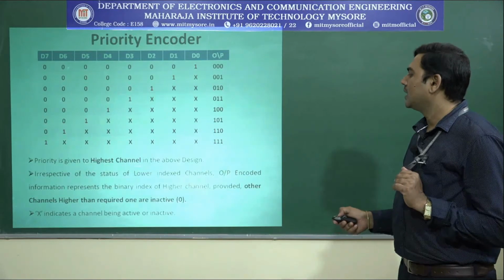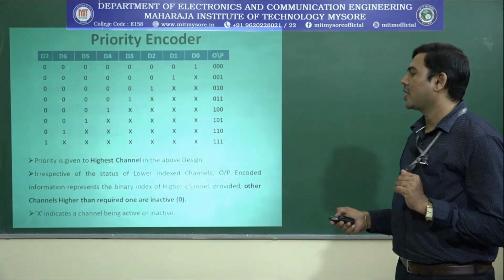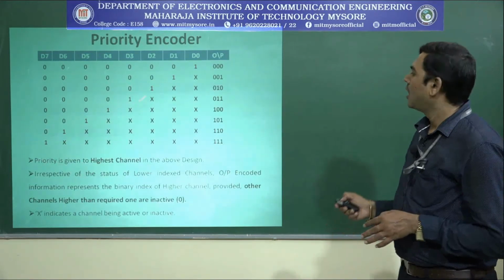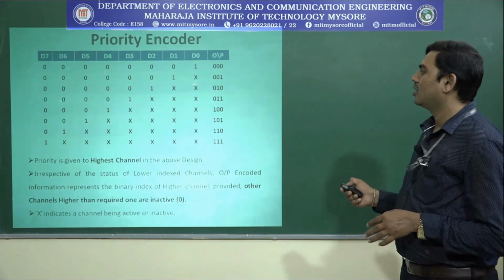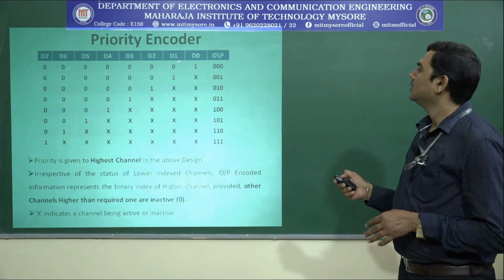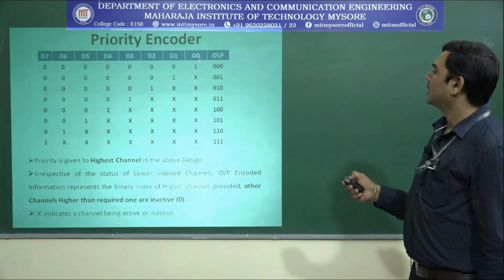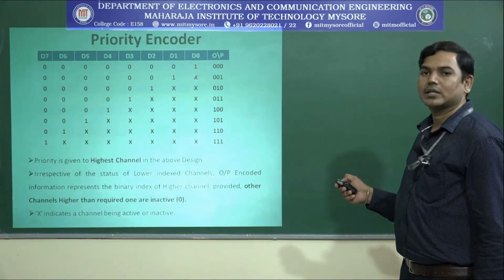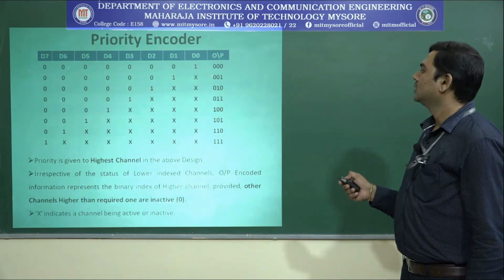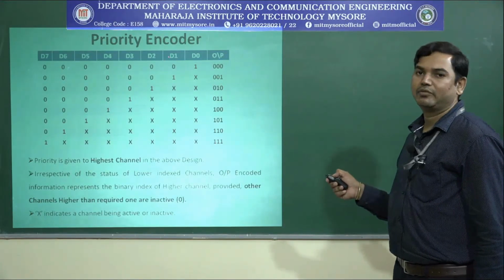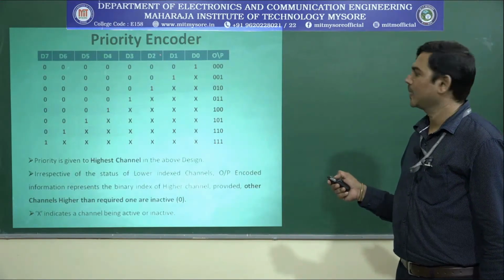This is a design for the priority being assigned to the higher channel. Out of D1 and D naught, which are high, D1 is higher. Therefore, irrespective of the status of the lower channel D naught, the output of the encoder will be 0, 0, 1, which means D1 is high.